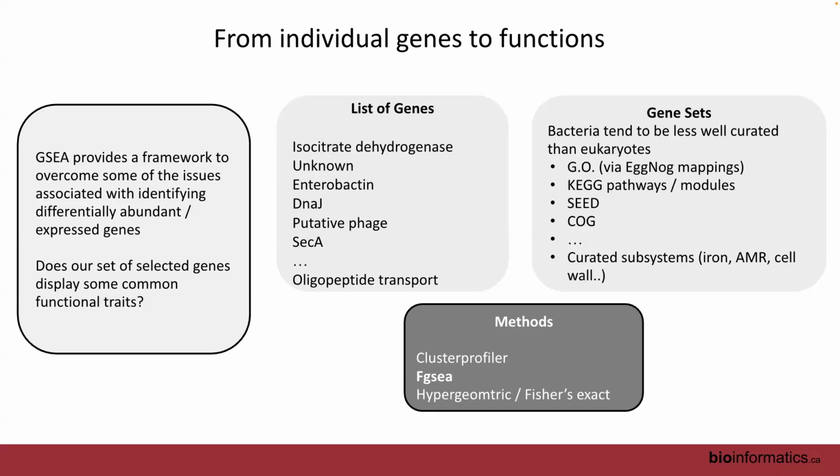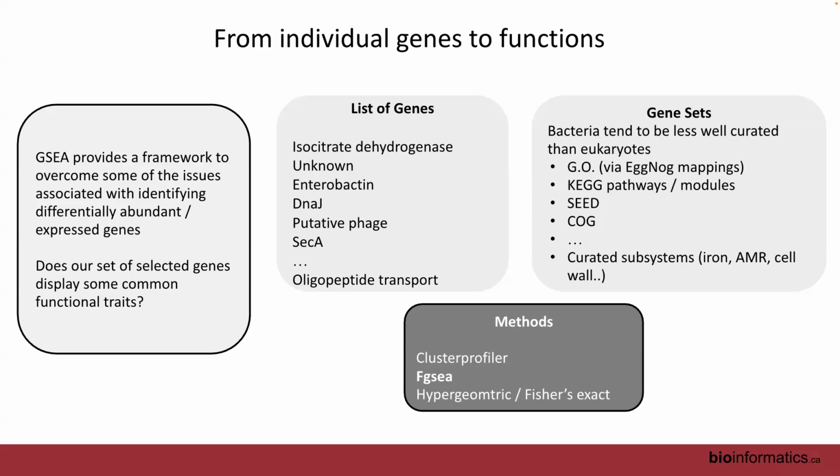The SEED database was their way of coming up with some kind of ontology. It's really, really clunky, and we don't really use it or promote people using it because it seems not very intuitive, but it is there if you want to use it. There's COG categories, which is just a limited set of, think of 20 or so categories of functions, which has remained relatively untouched since 2003, which doesn't seem very good.